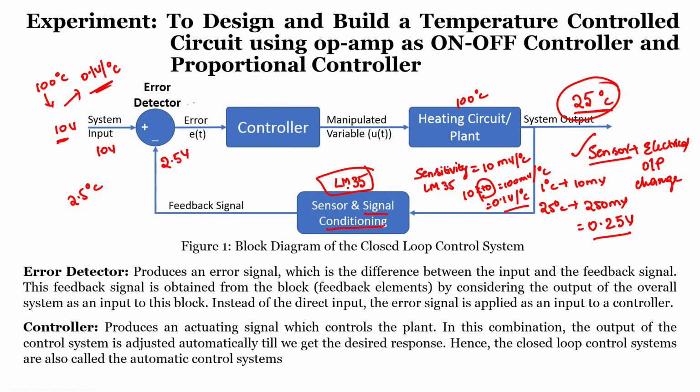If I want to see the error, when you recall what an error detector does, it does the difference between input and the feedback signal. So, when we do that, 10 minus 2.5 is nothing but 7.5. So, the error signal is nothing but 7.5. So, how is it doing? We have to subtract the feedback signal from the system input, right.